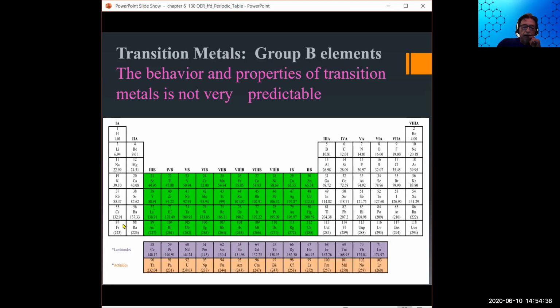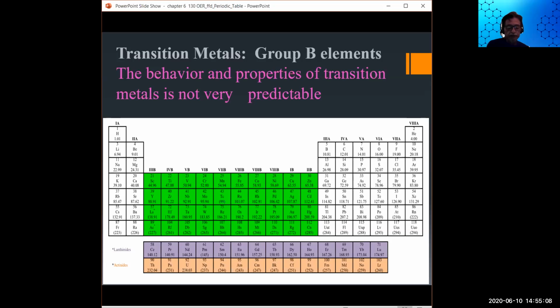Now the D block here denoted by green, they're the transition metals. They're the group B elements. We can't do a lot of prediction here. A lot of things kind of change. The only thing we can predict is that they're metals and they lose electrons. But some of them lose 2 electrons, some of them lose 1 electron, depending on the condition.